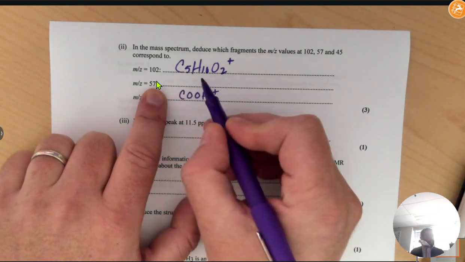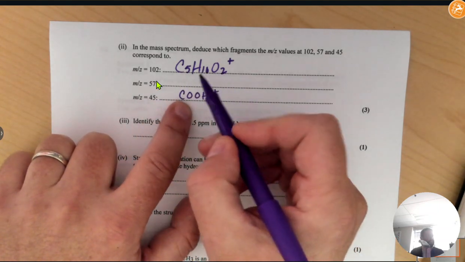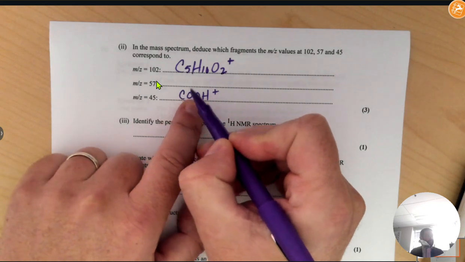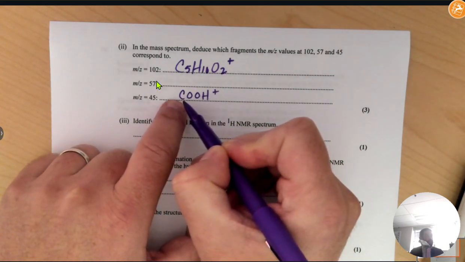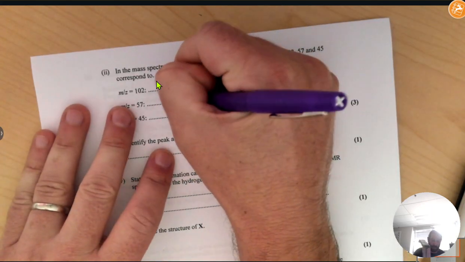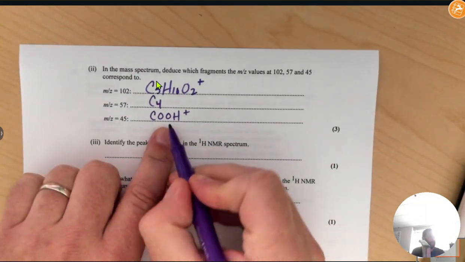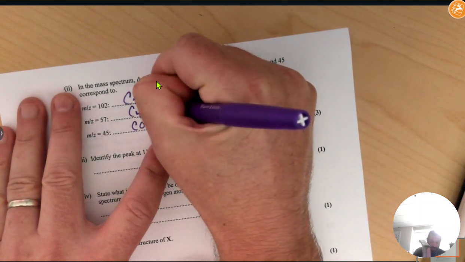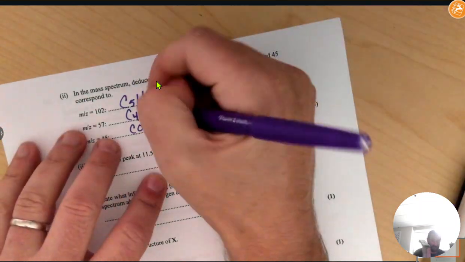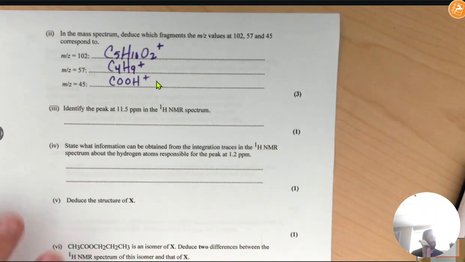So to find the formula of that fragment, we subtract the atoms that were removed. In that carboxyl group, 1 carbon broke off, leaving us with 4 carbons. Both of the oxygens broke off, and 1 of the hydrogens, leaving us with a fragment that would have 4 carbons and 9 hydrogens. Don't forget to add your plus sign.